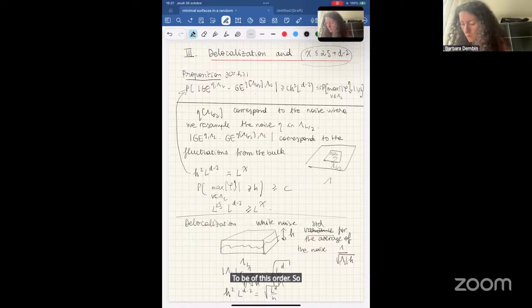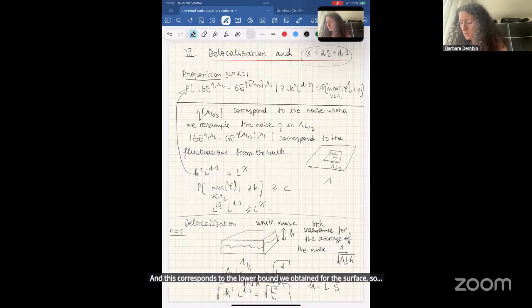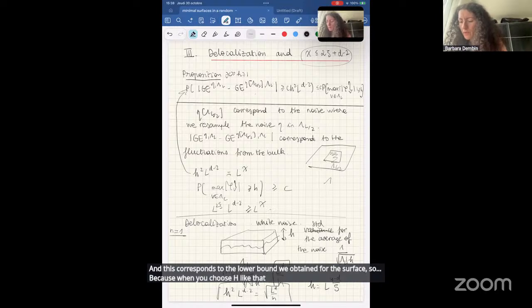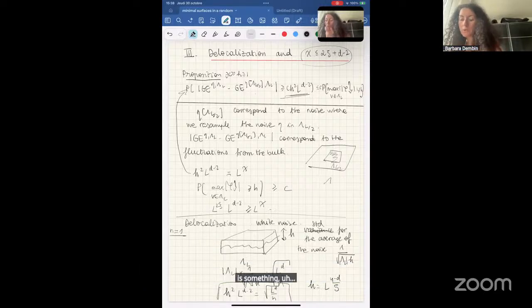So yes, by the way, here I work with n equal 1 when I say that. When you choose h like that, normally you obtain h equal, and this corresponds to the lower bound we obtained for the surface. Because when you choose h like that, you can prove that the probability of this thing is lower bounded by something constant.